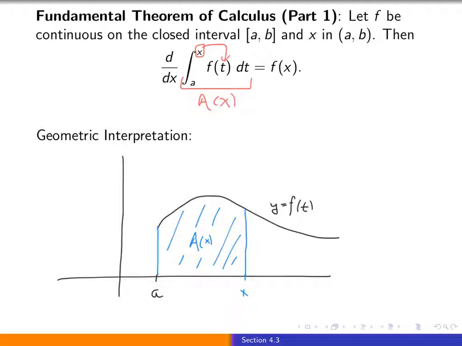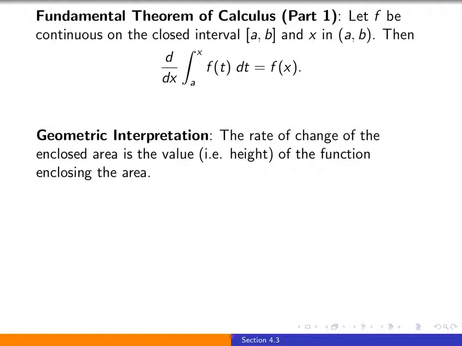Essentially, you're adding a little bit of area, and that little bit of area you're adding has height given by f of x. So you see that the function value at x is really giving you the rate of change of how much area is enclosed. So that's a geometric interpretation. Put in words, the rate of change of the enclosed area is the value, i.e. the height we had in that previous slide, of the function enclosing the area.